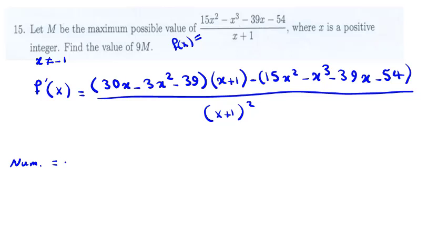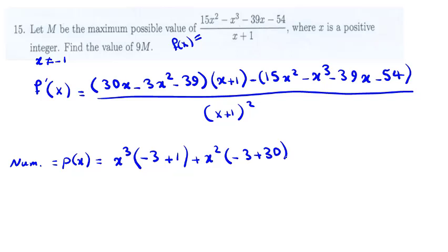Let's call the numerator, for example, p of x. Let's consider the coefficient of x cubed. It will be -3 plus 1. For x squared, it will be -3 and plus 30, and here x squared, -15.